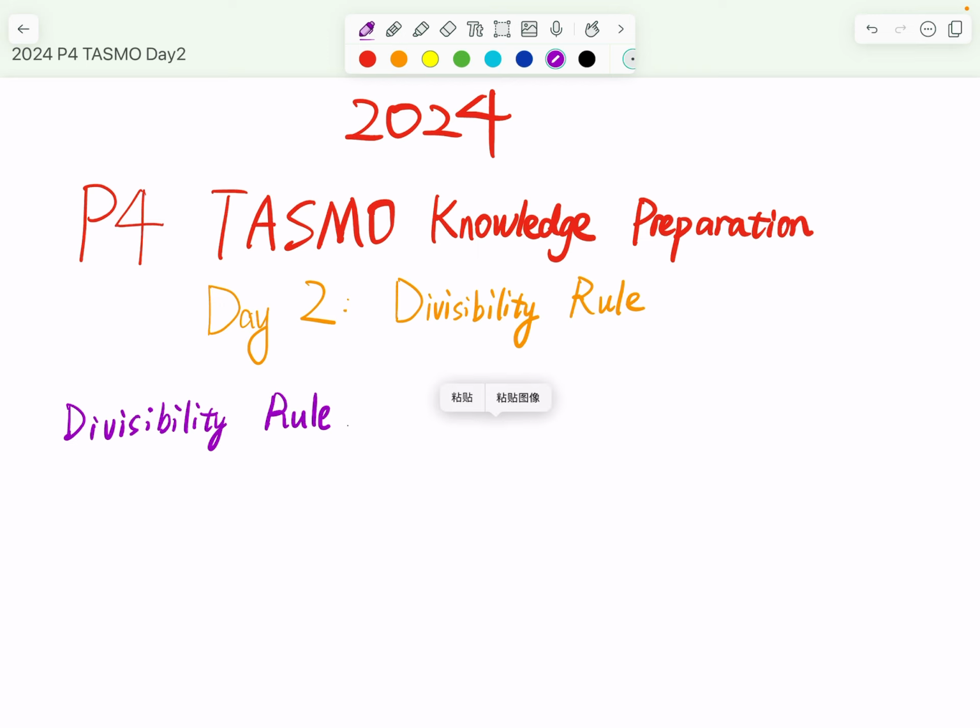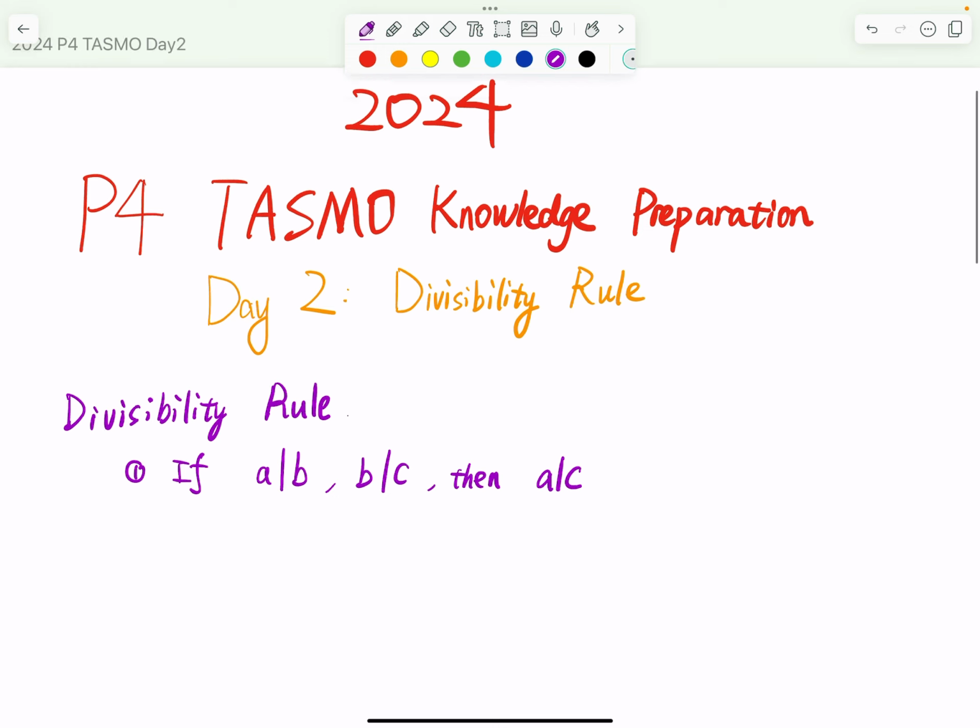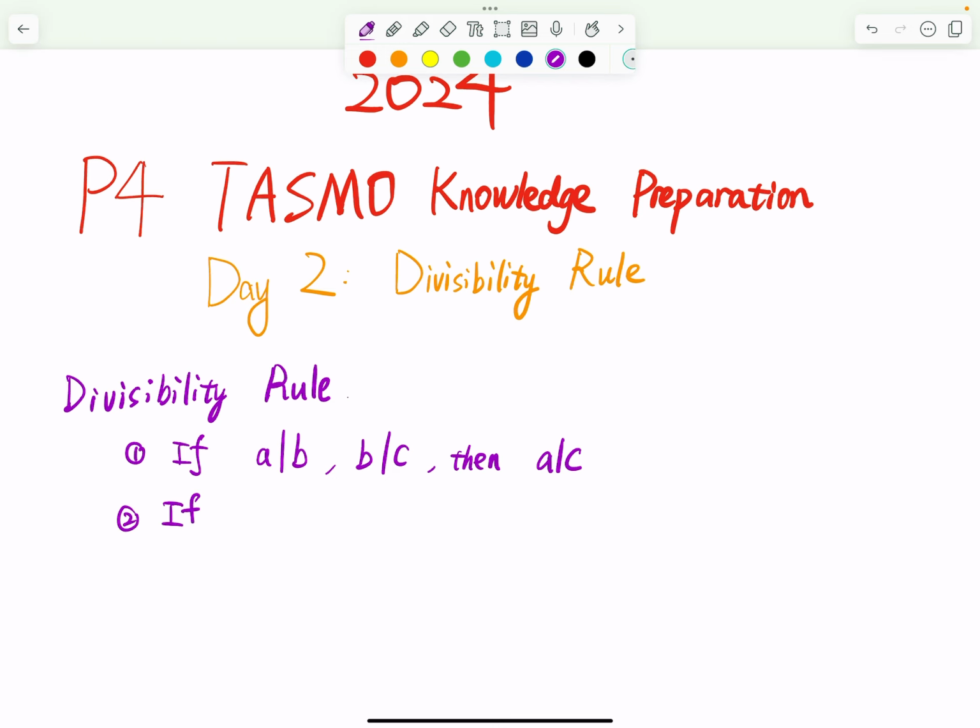We use a line here, which means B can be exactly divided by A. If B can be exactly divided by A and C can be exactly divided by B, then C can be exactly divided by A. Also, if B can be exactly divided by A and C can be exactly divided by A, then B plus C can be exactly divided by A, and also B minus C can be exactly divided by A.